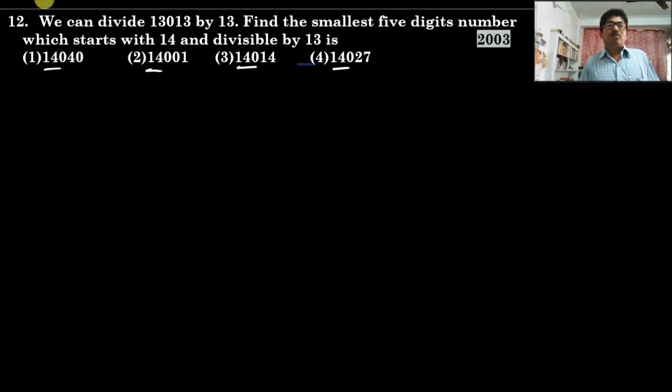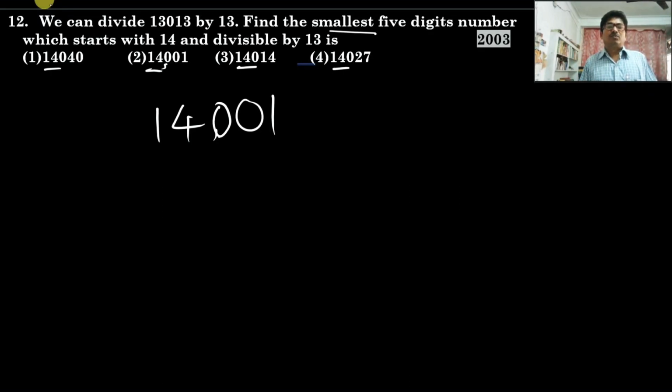In this we have to choose the smallest number first. 14,001 is the smallest number. That's why we are following the trial and error method, children. We are asked for the smallest 5-digit number which starts with 14 and is divisible by 13.